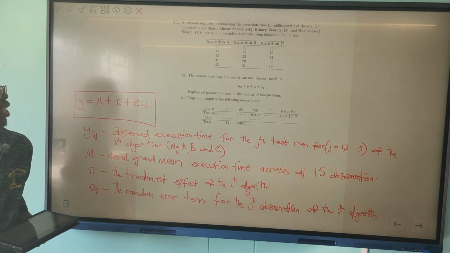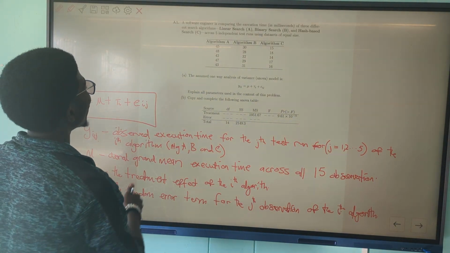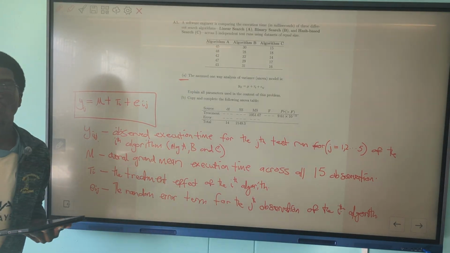Are we together? So this is the part A of our question.